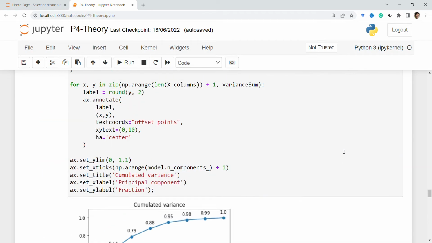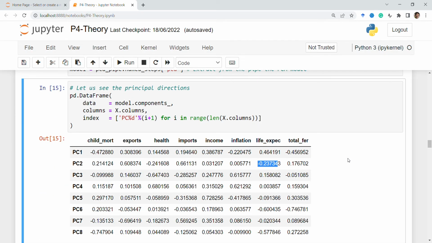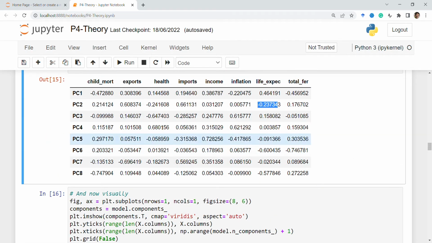Okay, so this is one use of the PCA: to understand how different countries separate along different axes, and then you can interpret the different axes. The interpretation of the axes is up to you, but you have to look.